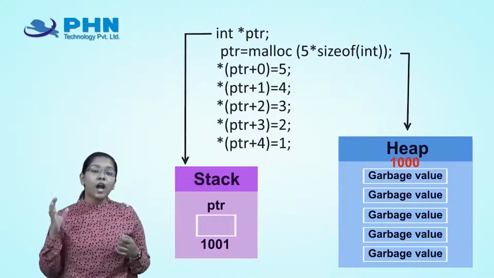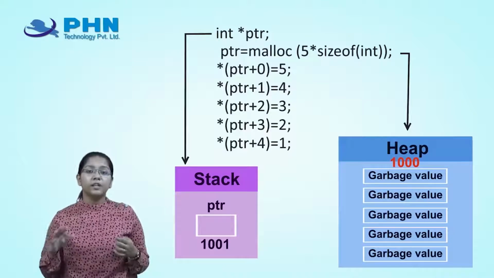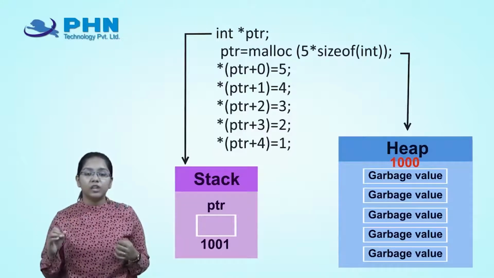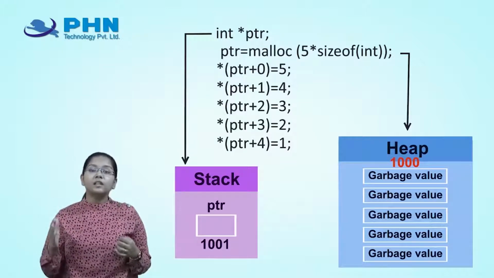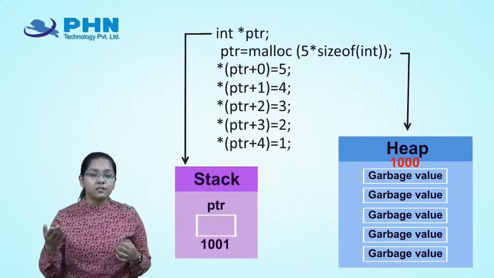Okay, now tell me, whatever garbage values are stored, if I put a value over there, then it will have a certain value, right? But still it will retain the base address.